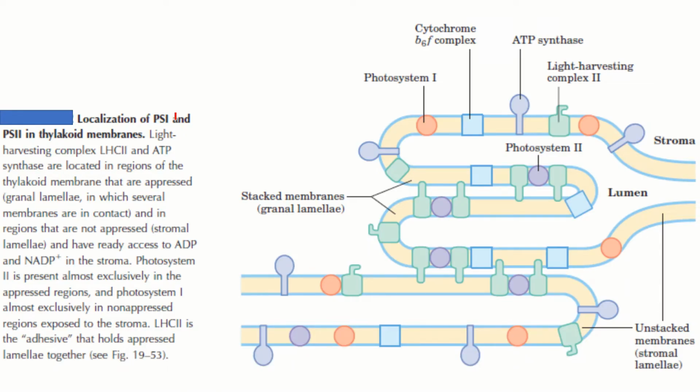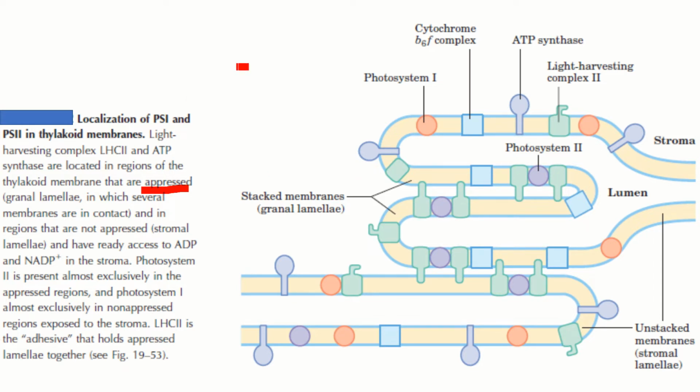Now let us see on a thylakoid membrane where the photosystems are located. Actually, there are separate areas for photosystem 1 and also for photosystem 2 in the thylakoid membranes. Before that, you should be familiar with two terms. One of the terms is appressed region. Appressed regions are actually the regions of the membrane which are stacked.